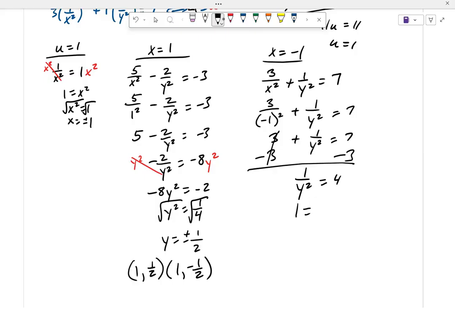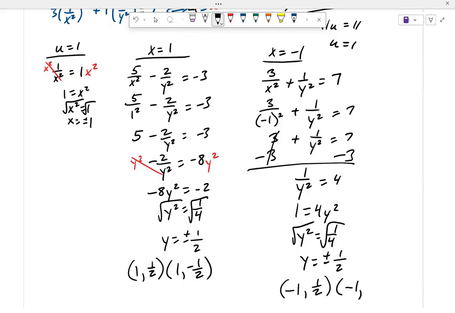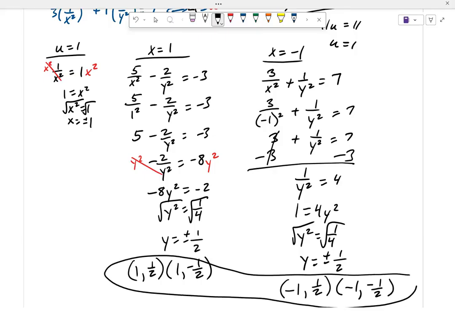Multiply both sides by y squared. So divide both sides by 4. And it looks like y ends up being plus or minus square root of the top over the square root of the bottom. So when x is negative 1, y is 1/2. When x is negative 1, y is negative 1/2. And we've got our solution as those 4 coordinates.